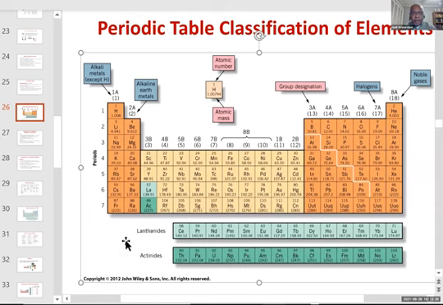So there's a periodicity in the chemical properties of a group. So Mendeleev arranged elements according to their chemical properties, to have similar chemical properties in a group. We're going to look into this again.